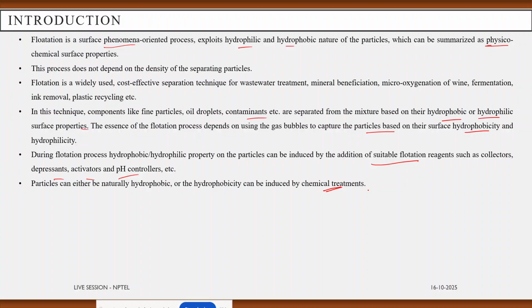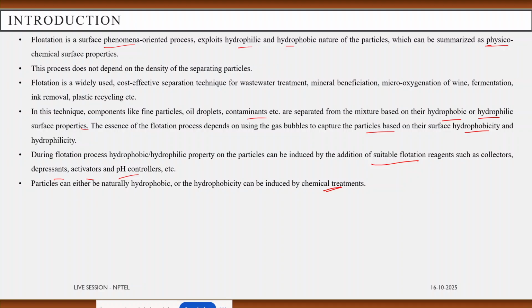So the requirement is we need to make it hydrophobic so that it adheres to the gas bubble and it floats onto the surface of the water system, and the froth can be collected as a concentrate.